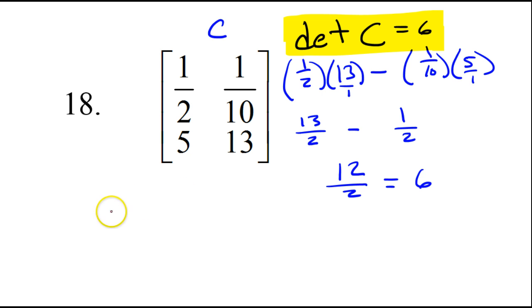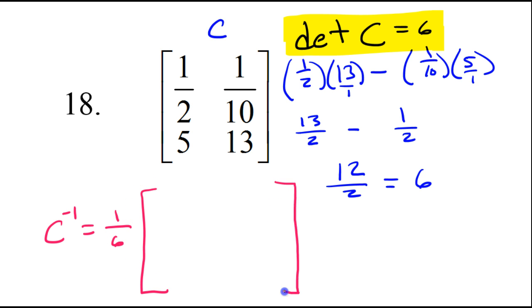Alright, step 2 says that C inverse is going to equal the reciprocal of the determinant. So it's going to be 1/6 times the reverse negate matrix. I'm going to reverse the down diagonal and negate the up diagonal.